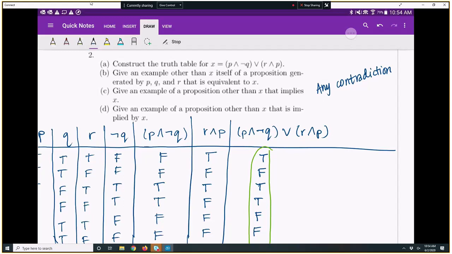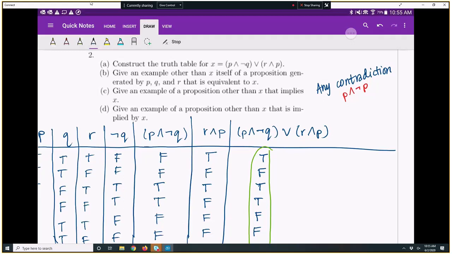And we had one very easy to remember example of a contradiction, which was P and not P. We know that a proposition P and its negation can never have the same truth value. So P and not P is a contradiction.